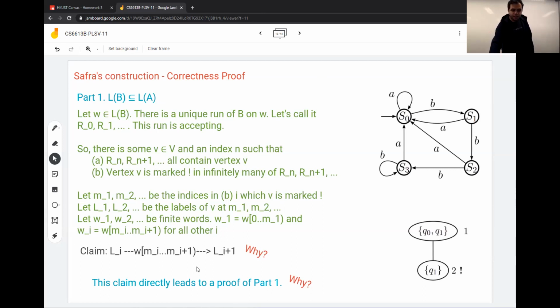This is exactly the definition that I gave you at the very beginning of this session. So for every state that is in the label of vertex V at the i plus first time, I know that there was one in Li that I could use this word and from there get to the point here, right?